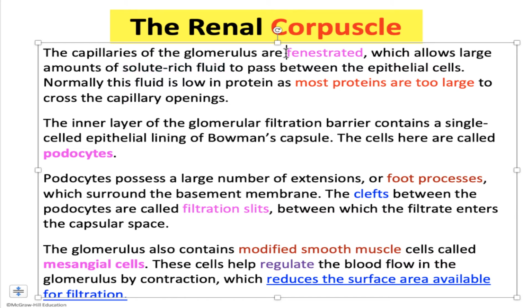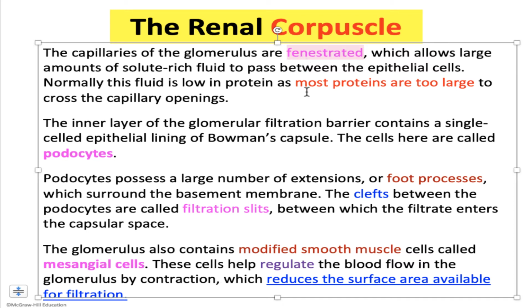That condition, which is used in a couple of other places in the body, is called a fenestrated capillary. The purpose of this design is to encourage the flow of fluid out of the blood, the plasma, without allowing the cells, the red blood cells and the white blood cells, and proteins of a significant size.